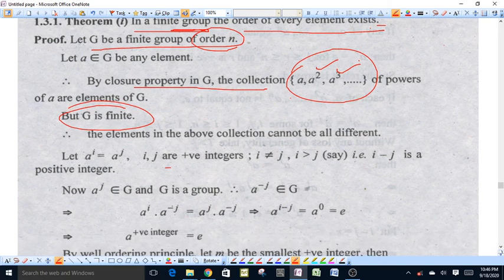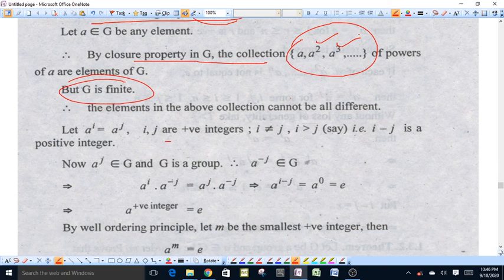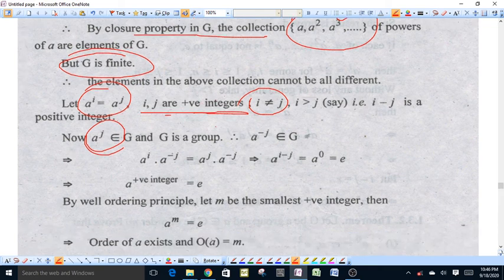Therefore, because G is a finite group, some of these elements of this set must be equal. Let us suppose that a raised to power i is equal to a raised to power j, where i and j are positive integers and i is not equal to j. Let us take i greater than j. This means i minus j will be a positive integer. Now a raised to power j is an element of G and G is a group.